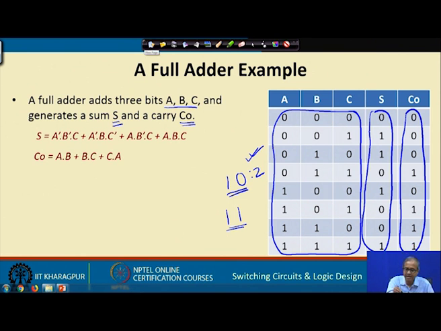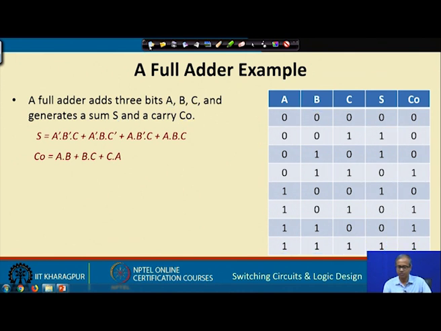The way we can express or write down the expression for this sum and carry is very simple. First, look at the sum. You look at the column for sum, you find out for which rows the sum is 1. There are 4 such rows.